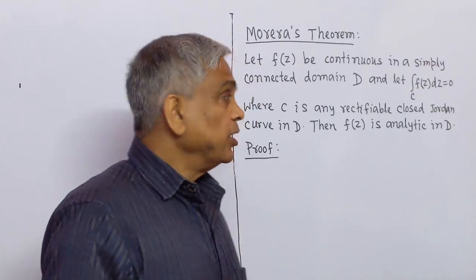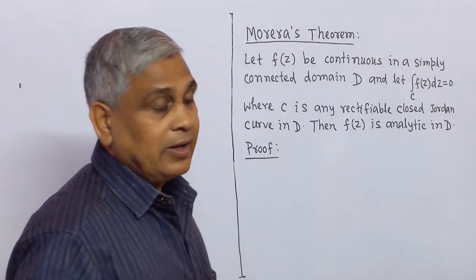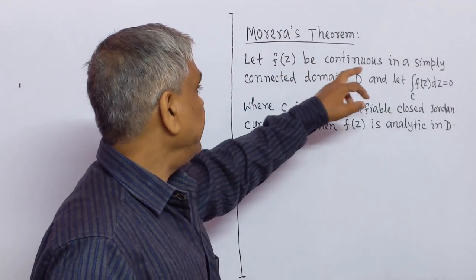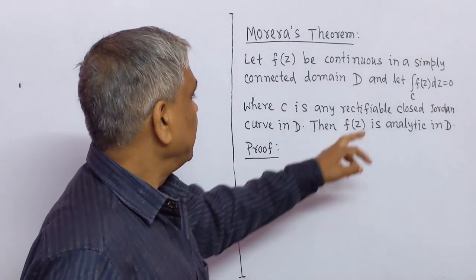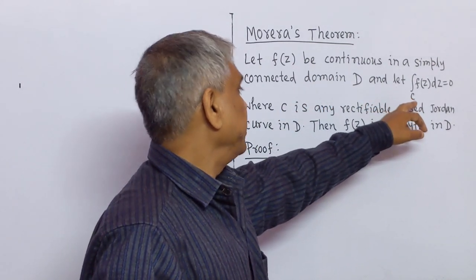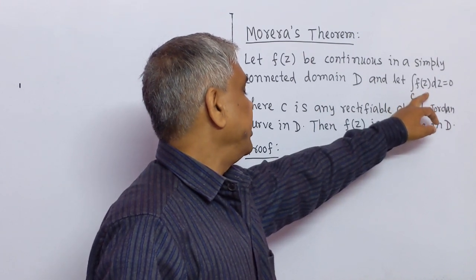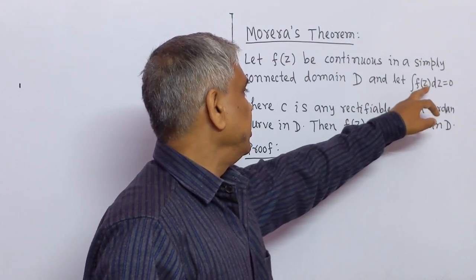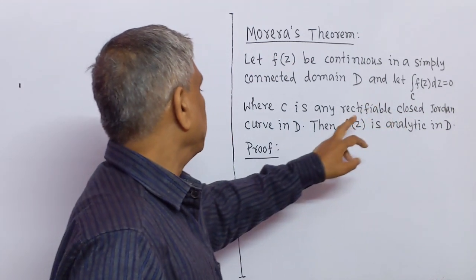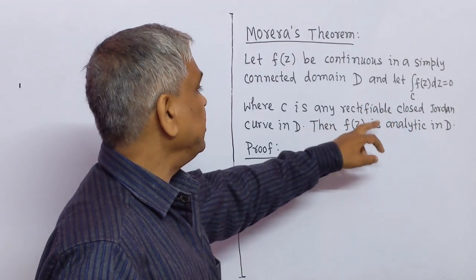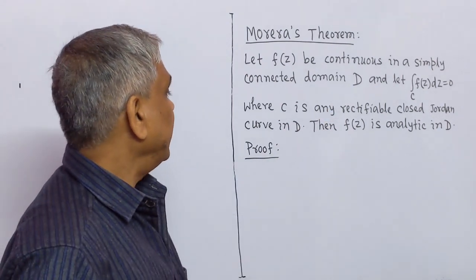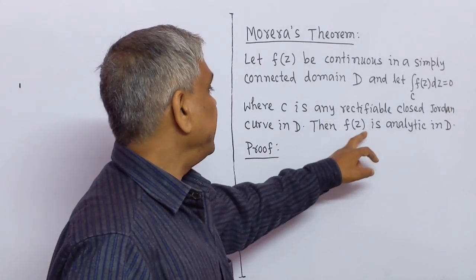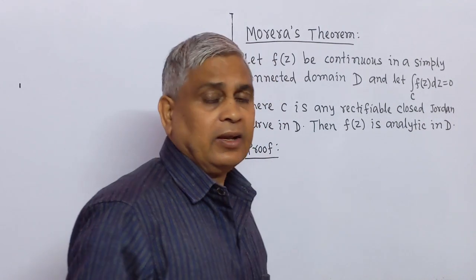Now we state Morera's theorem. Let f(z) be continuous in a simply connected domain D and let the integration of f(z) along the curve C equal 0, where C is any rectifiable closed Jordan curve in D, then f(z) is analytic in D.